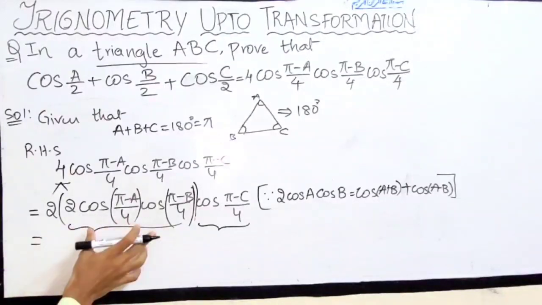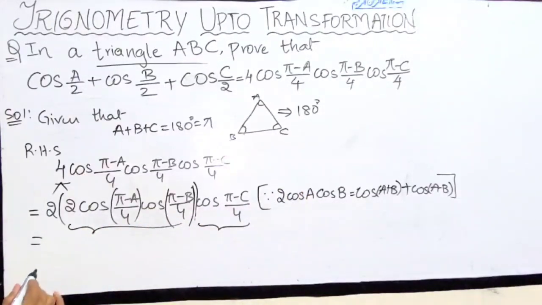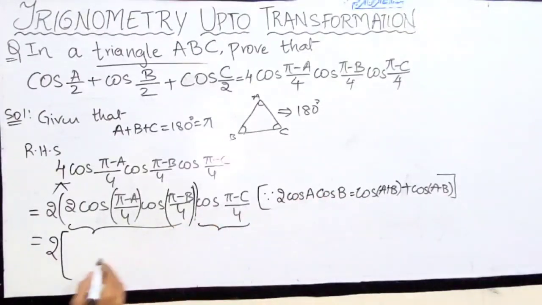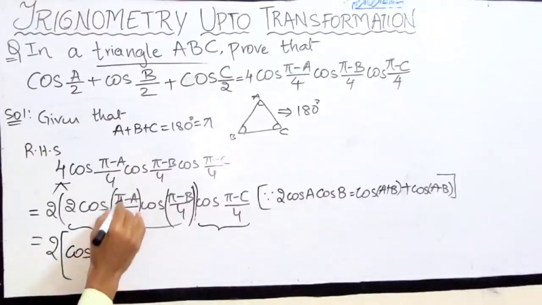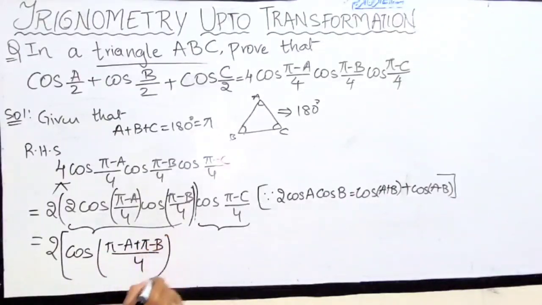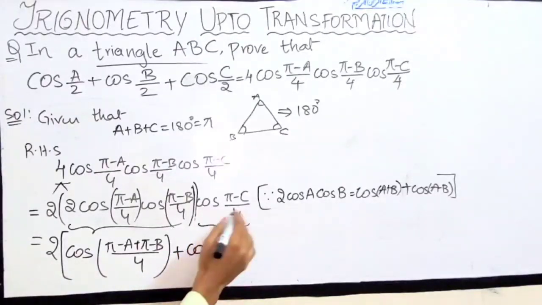Now how can this be written? This can be written as cos of (A plus B). So I'll be writing 2 as it is. Now instead of 2 cos A cos B, we can write cos of (A plus B). What is A here? Pi minus A plus pi minus B, all by 4, because the denominators are equal, you can write it as it is. Now cos of (A minus B).